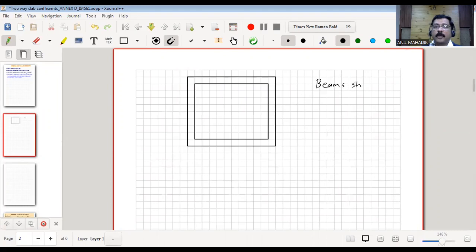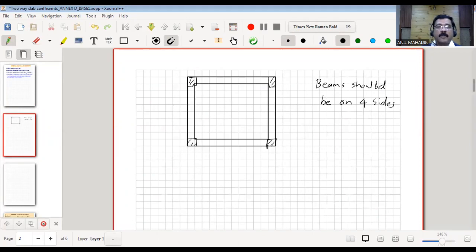Beams should be on four sides. So you can see here, these are 1, 2, and 3. You can say that there is a column here for just understanding the practical aspect. So there is a column, then the beams are supported on the columns, and there is a slab.